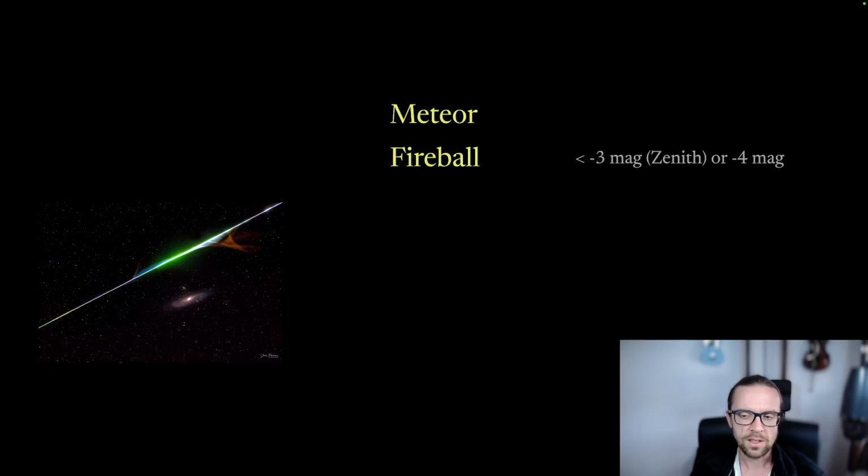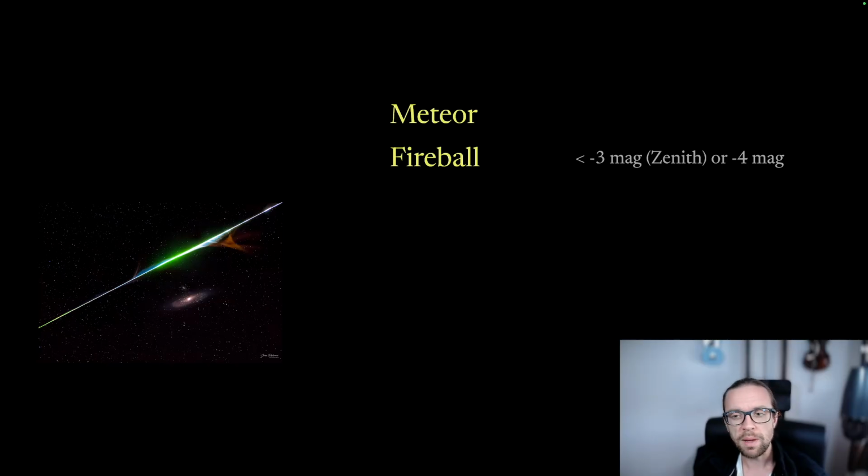It's a logarithmic scale, because our eye perceives brightness logarithmically, and the reference point is Vega. That has 0 magnitudes, and the faintest star you can see has around 6 or 6.5 magnitudes, and negative values indicate a brighter object than Vega. So for example, Jupiter has -2.7, I think.